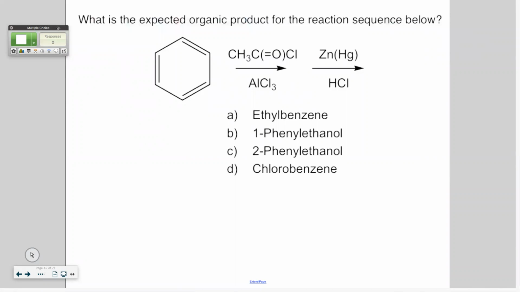This is going to be important for what we're doing today, these two questions. That's why we're doing them.